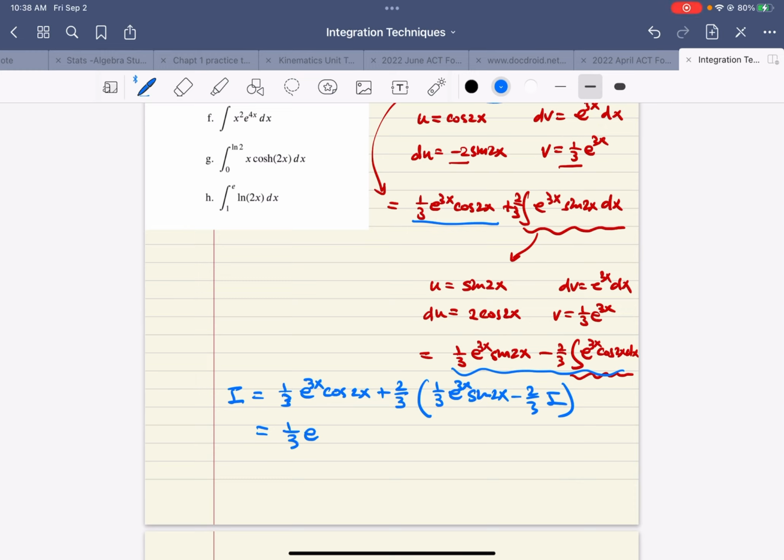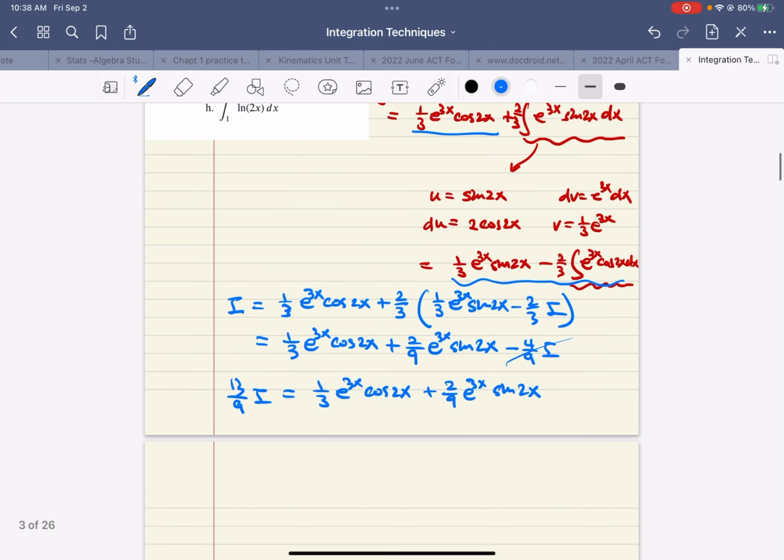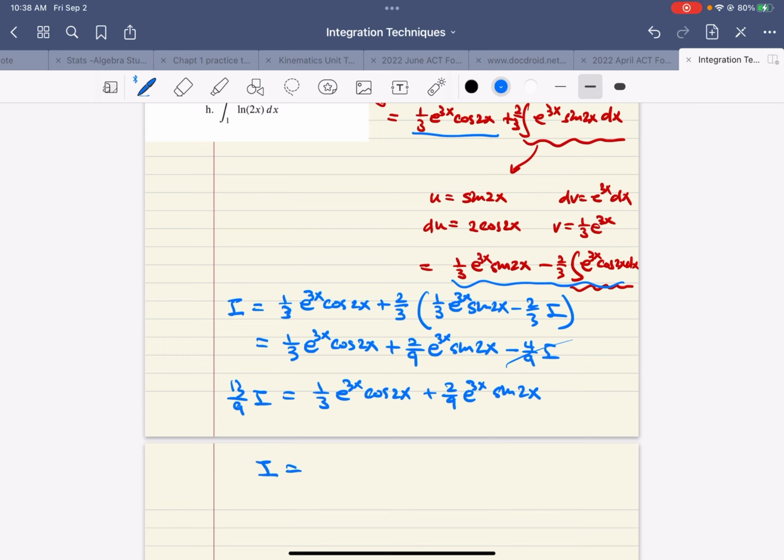Then this one is 1/3 e to the 3x cosine 2x plus 2/9 e to the 3x sine 2x minus 4/9 I. So when you add the 4/9 I to both sides, it will be 13/9 I equals 1/3 e to the 3x cosine 2x plus 2/9 e to the 3x sine 2x.